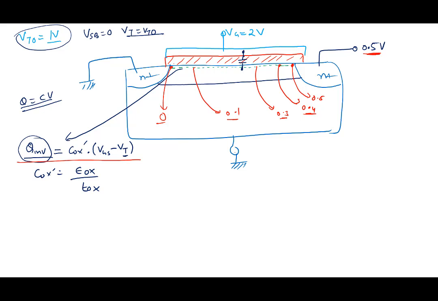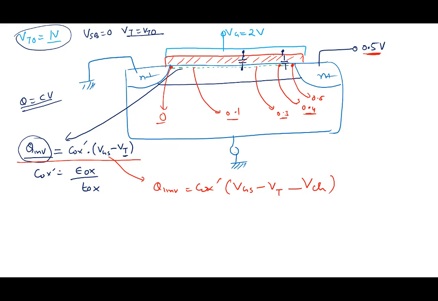So the inversion charge now goes as Q inversion equal to Cox prime. This equation modifies into VGS minus VT minus V channel, because the voltage across the parallel plate capacitor here is different. 2 volt is here, but the channel voltage is something else.